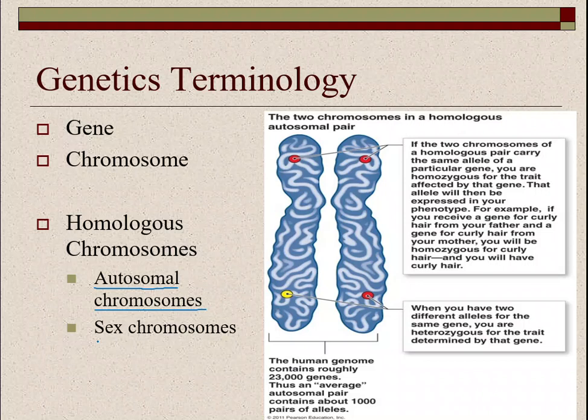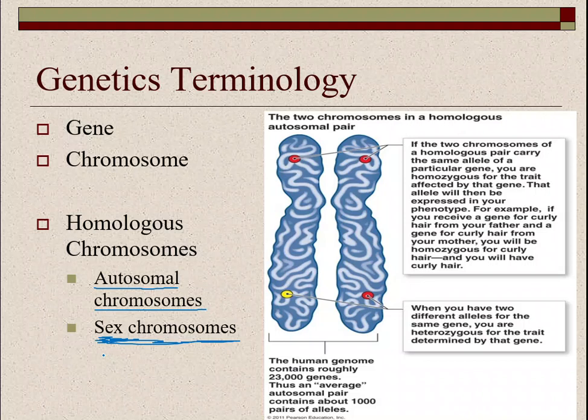Okay? But the 23rd pair of your 23 pairs of chromosomes is what we call the sex chromosomes. They usually determine your sex. So if you're female, your 23rd pair will be X and X. If you're male, your 23rd pair will be X and Y chromosomes.